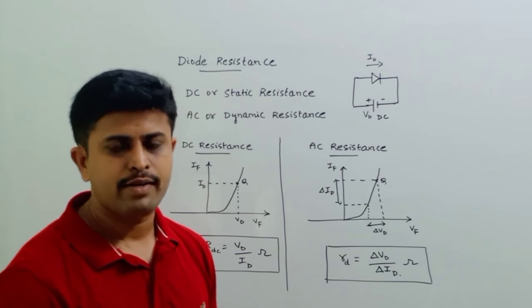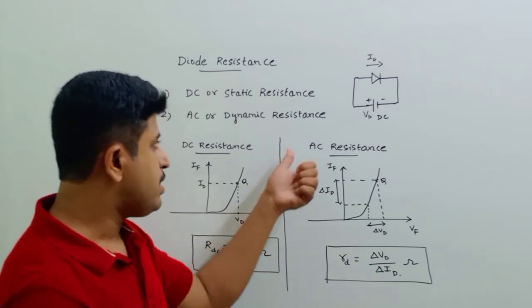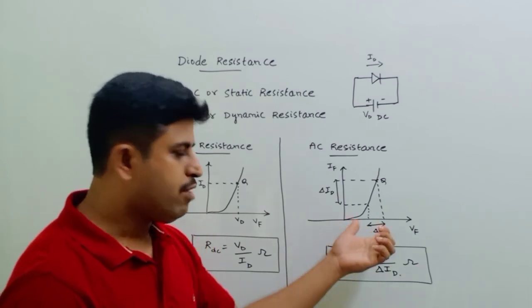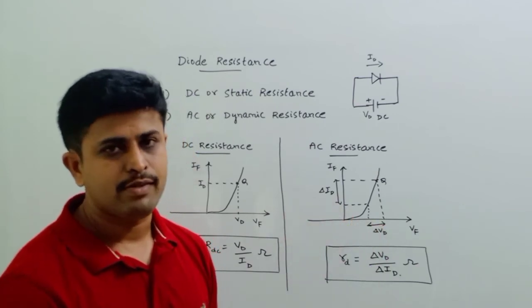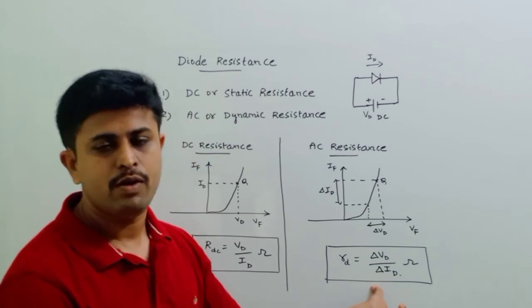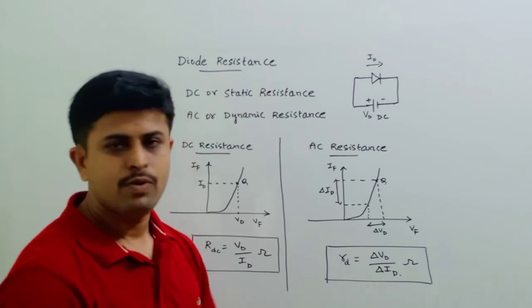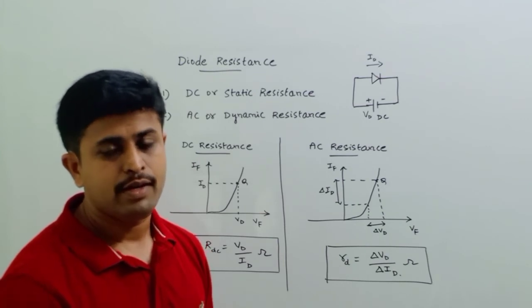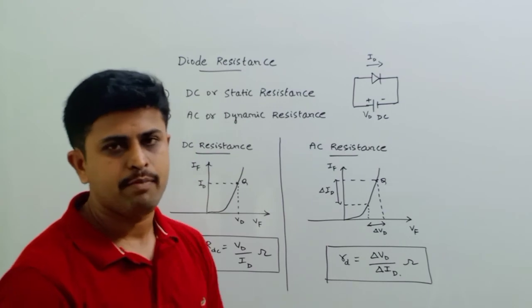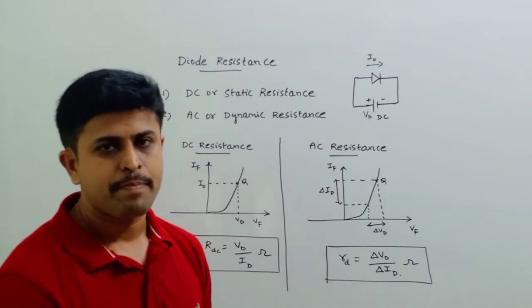So we call that resistance dynamic resistance, AC resistance. And if you want to find the dynamic resistance, then we can write the change in voltage to the change in current, that is delta VD by delta ID. So this will give us the dynamic resistance.